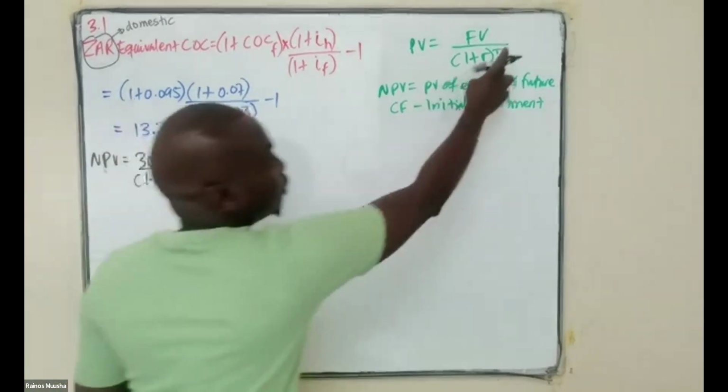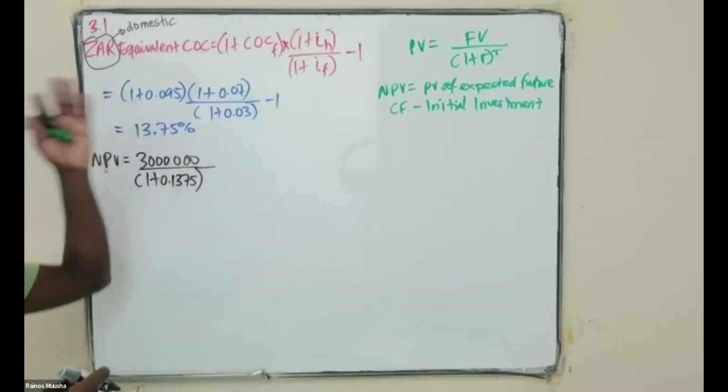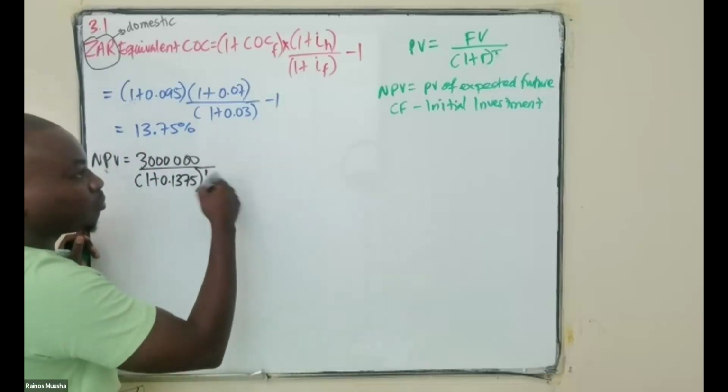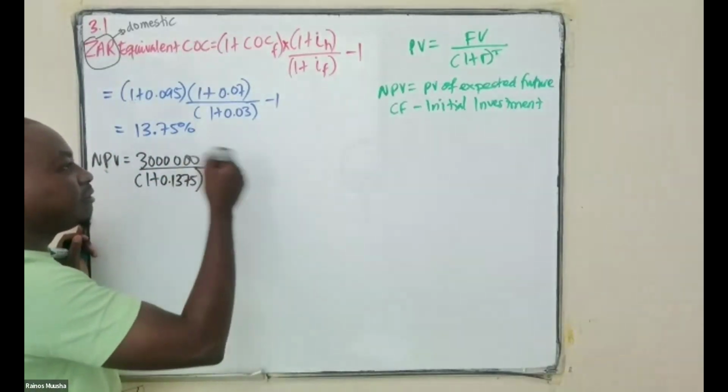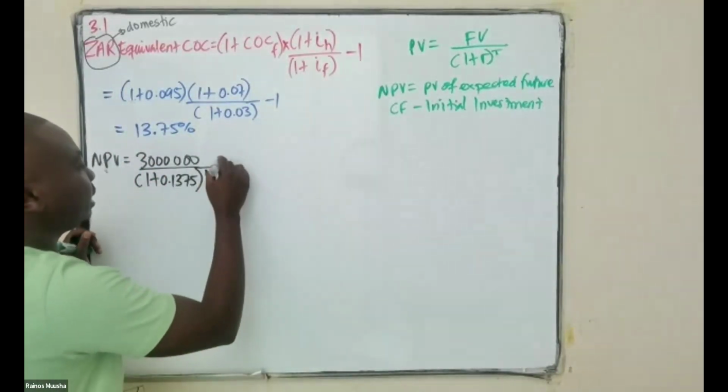This is to the power of T. Remember this cash flow, you are receiving it after 1 year. So we're discounting back for 1 year. So it's just to the power of 1, which remember, any number to the power of 1 is that number. Any number divided by 1 is that number. Any number multiplied by 1 is that number as well. So it won't make a difference.